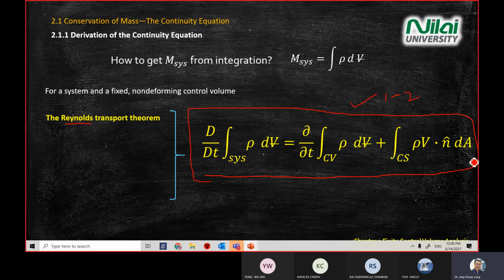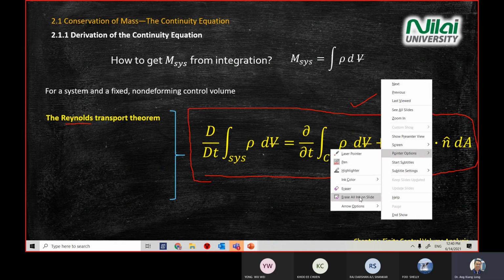So start from today, try to memorize this equation. It is expected from you in the test and exam. This equation won't be given, and you need to use it to solve problems. It is called the Reynolds transport theorem, and it gives you three components.